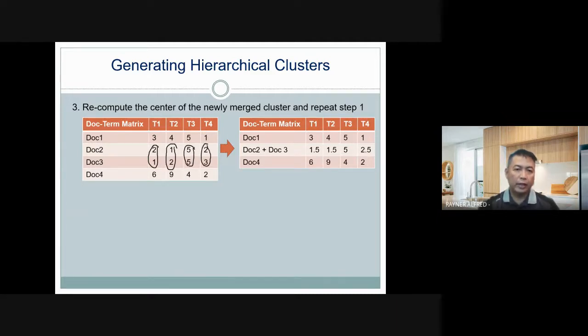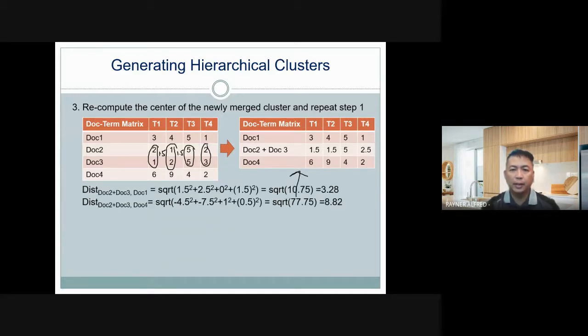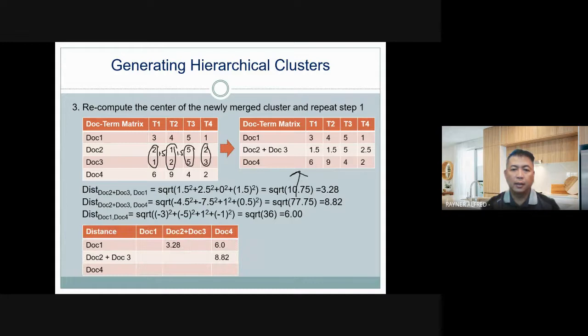Okay, so the new center for this will be, this is 1.5, this is 1.5, and so on. Okay. So based on this, we need to perform the distance calculation.